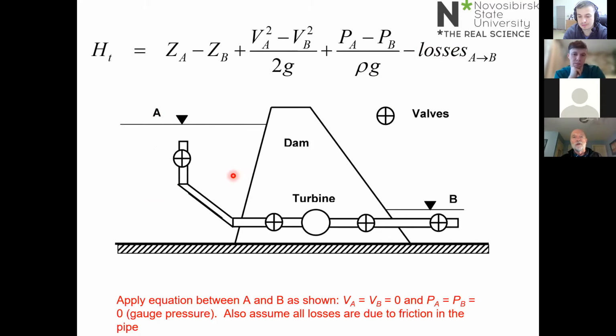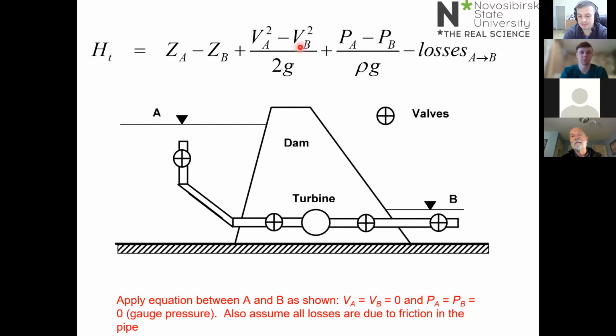Okay, so this is the same diagram, but it's got a little bit of extra information on it. And that extra information is that if we start at the water surface behind the dam and finish at the water surface after the dam, then normally we assume that the velocities at those points are equal, and also equal to zero.